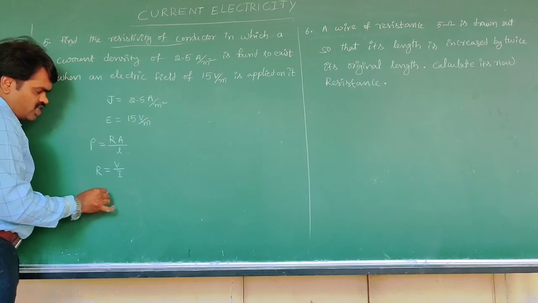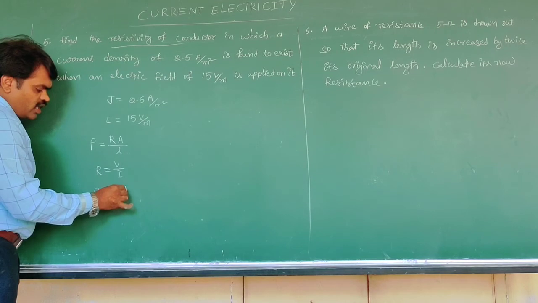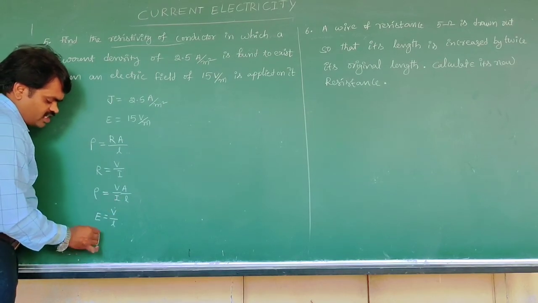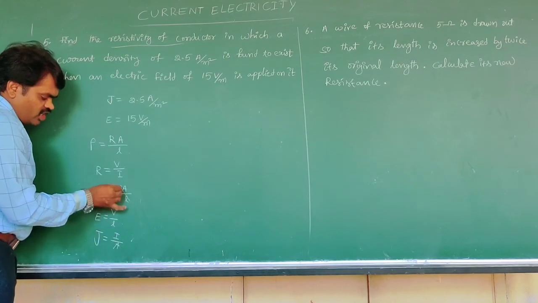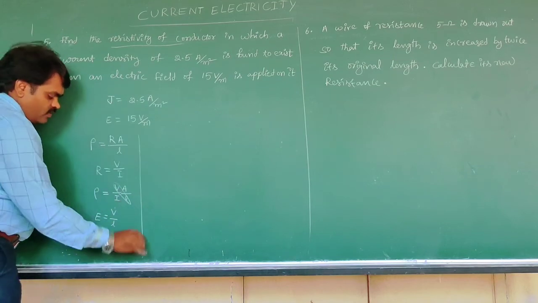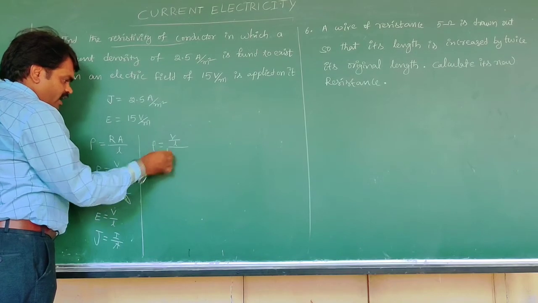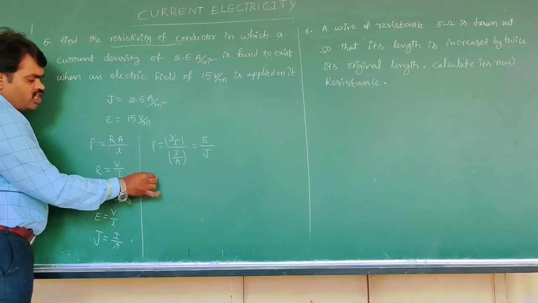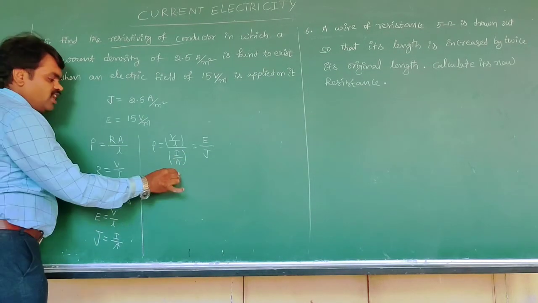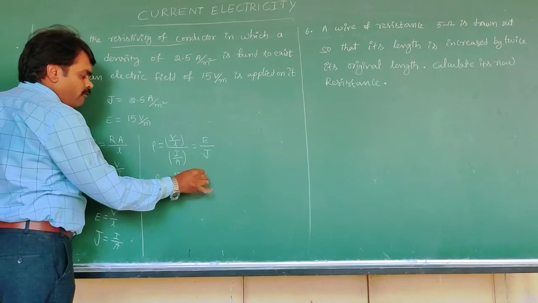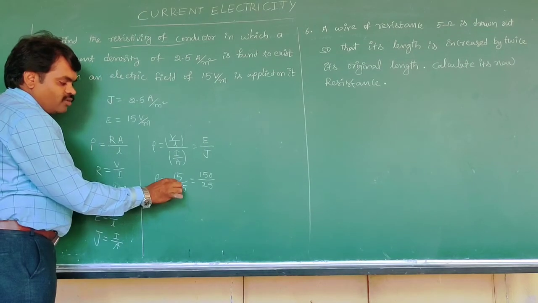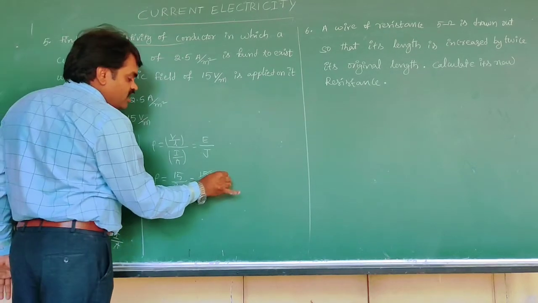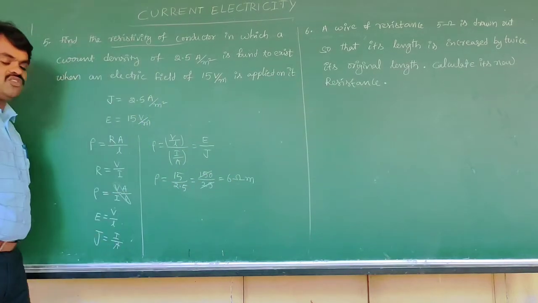Then we substitute: rho is equal to V by I into A by L. Here we know electric field E is equal to V by L and the current density J is equal to I by A. Then rho is equal to V by L divided by I by A, that is E by J. Now rho is equal to E by J. The value is 15 by 2.5, that is 150 by 25, because the decimal point is removed by multiplying and dividing by 10. Cancelling, it is 6 ohm meter, because the unit of resistivity is ohm meter.